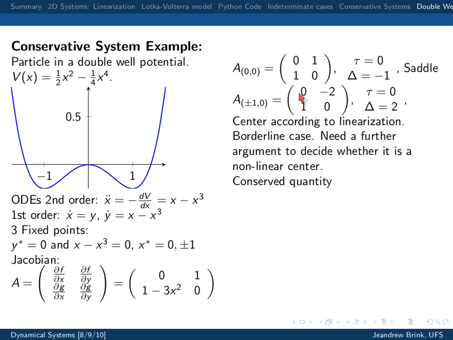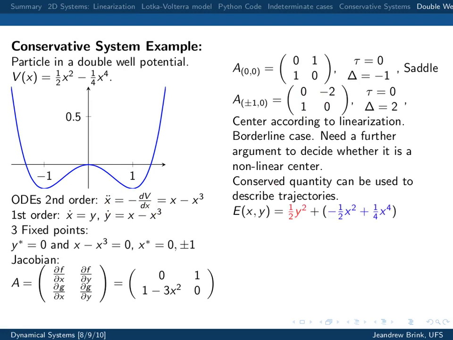And from what we did in the previous case, for all equations that obey this form, you can actually find the conserved quantity, and the conserved quantity looks like that, right? So you basically have the conserved quantity is just a half y squared minus 1 over 2 x squared plus 1 over 4 x to the 4th.